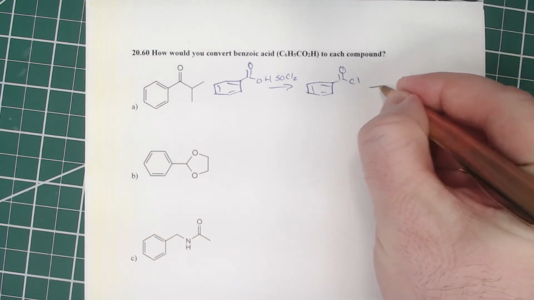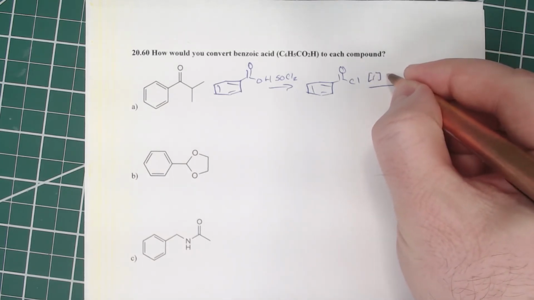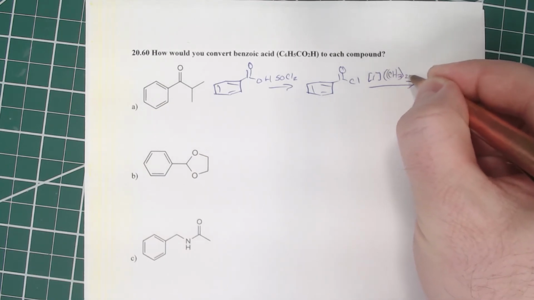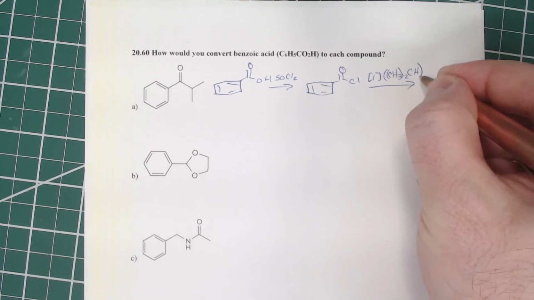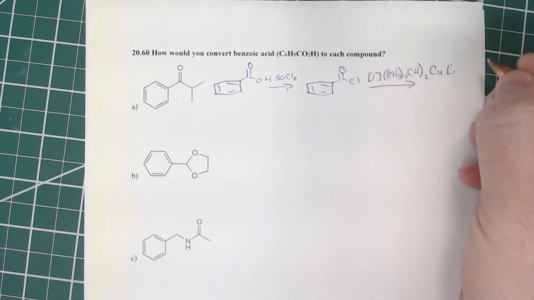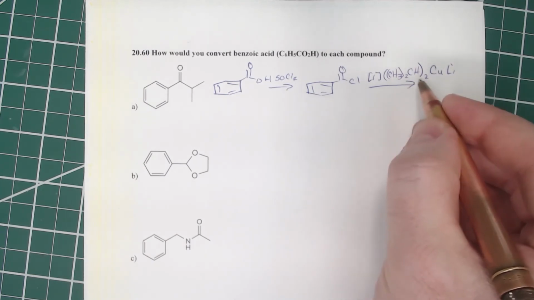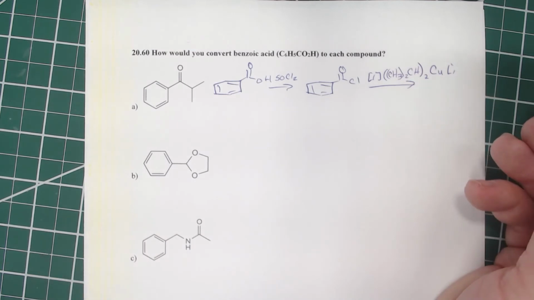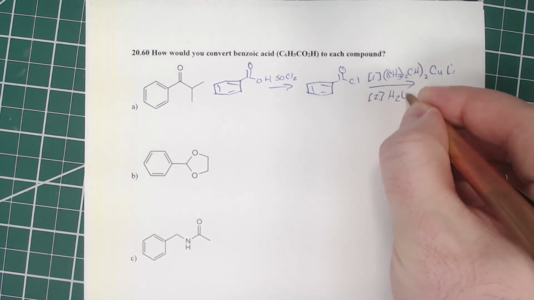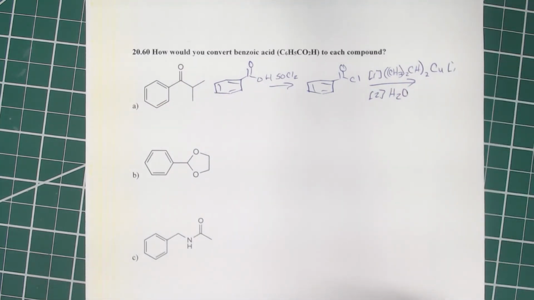So in step 1, we could use the (CH3)2CH 2 copper lithium reagent. So this is just the diisopropyl copper organocuprate. All right, and then step 2, H2O, and that would give us this particular product. So that's pretty easy.